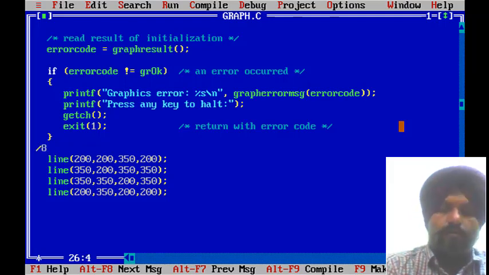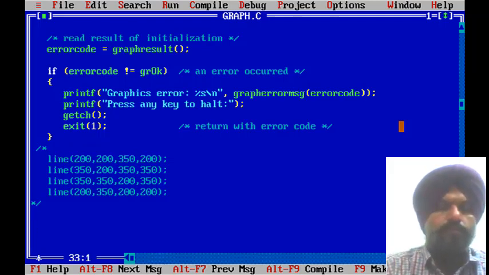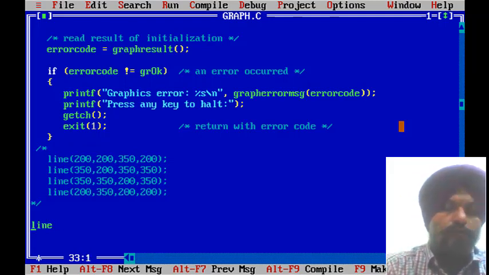let's make this a comment to make it more understandable. To draw the triangle, first we have to draw the base of the triangle using a line. So the base of the triangle will be drawn.